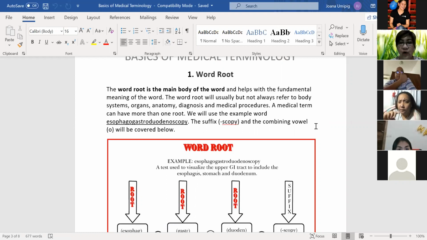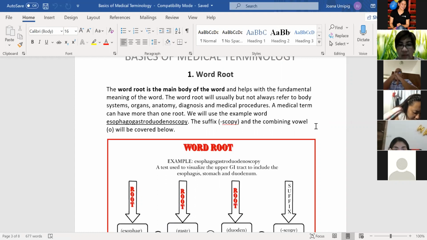Okay? So yung word root is the main body of the word and helps with the fundamental meaning of the word. The word root will usually but not always refer to body systems, organs, anatomy, diagnosis, and medical procedures. A medical term can have more than one root.